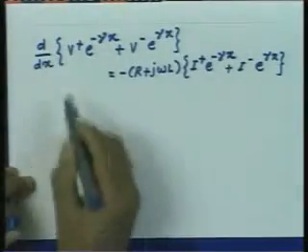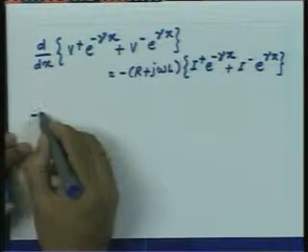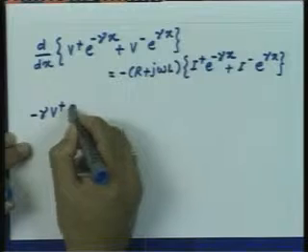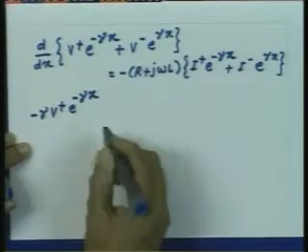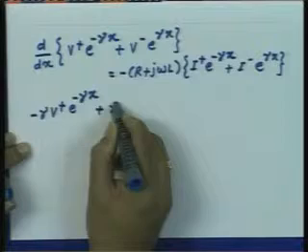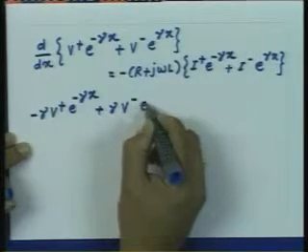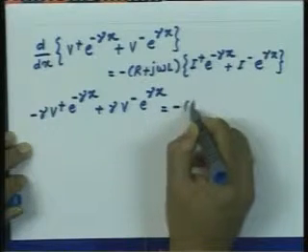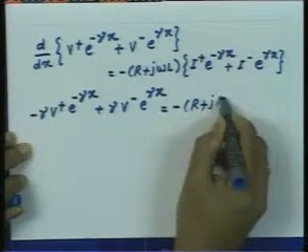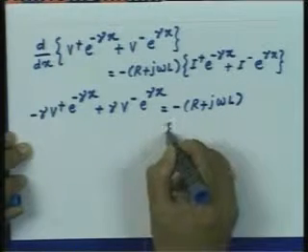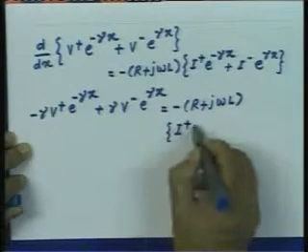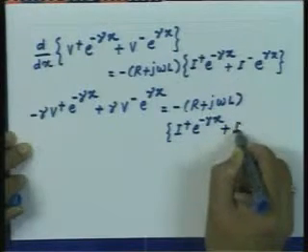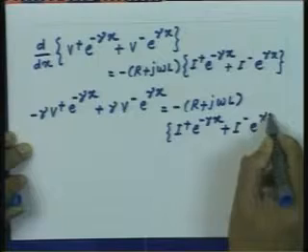Differentiating these two terms, I can get minus gamma V plus e to the power minus gamma x plus gamma V minus e to the power gamma x, that is equal to minus (r plus j omega L) into (I plus e to the power minus gamma x plus I minus e to the power gamma x).